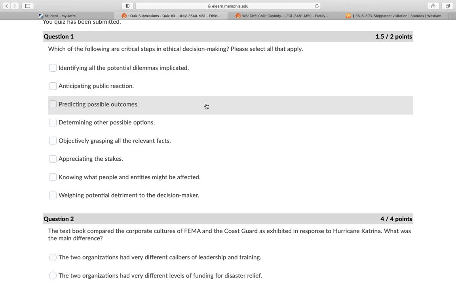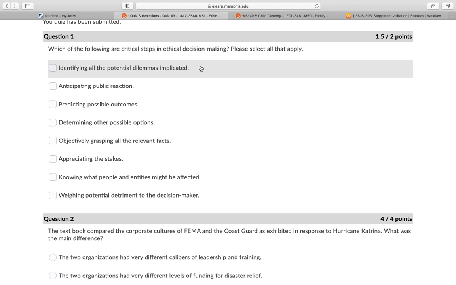So for this question, I believe I put the answers: identifying all the potential dilemmas implicated, predicting possible outcomes, determining other possible options, objectively grasping all the relevant facts, appreciating the stakes, knowing what people and entities might be affected, and weighing potential detriment to the decision maker.